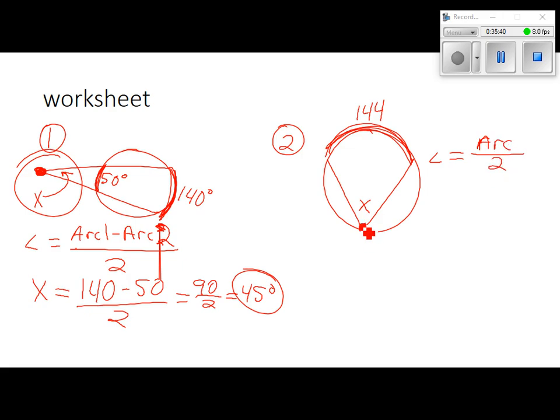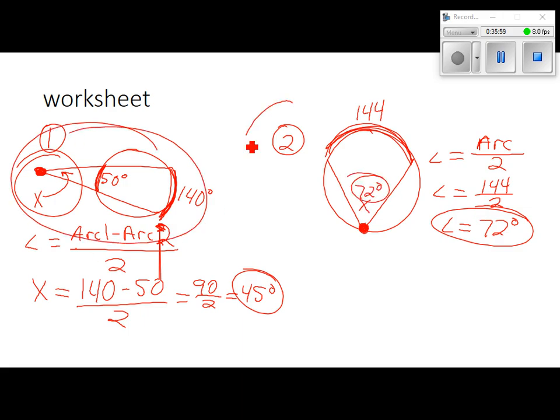If it's an inscribed angle, the vertex is on the circle. So we just take the arc, which is 144, divided by 2, and you get 72 degrees. So that angle right there has to be 72 degrees. So vertex outside the circle, vertex on the circle.